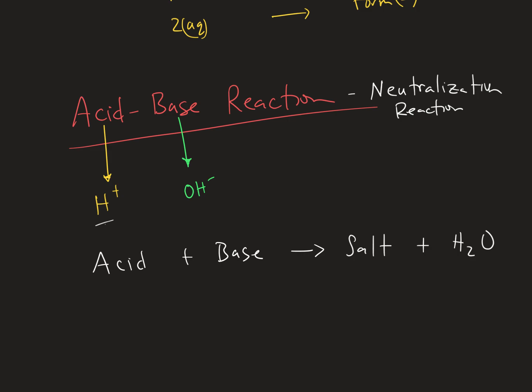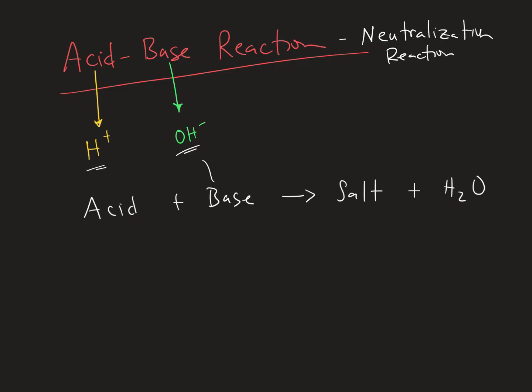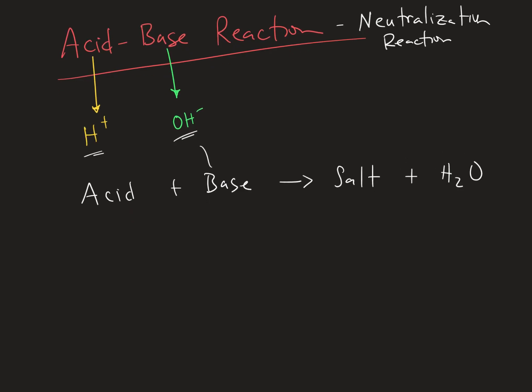So an acid has to have the H plus ion as the cation, and the base has to have the hydroxide anion. So let me go through one example here. A strong acid, and in fact, these are strong acids and strong bases. So we got HCl as an aqueous solution.